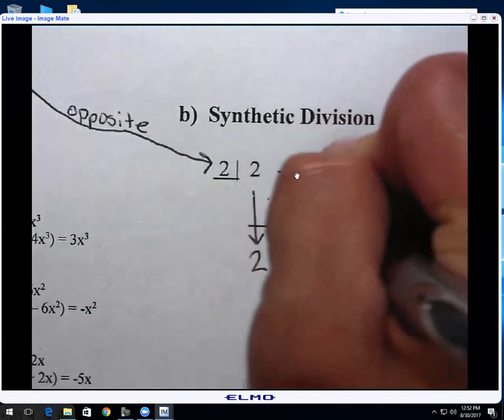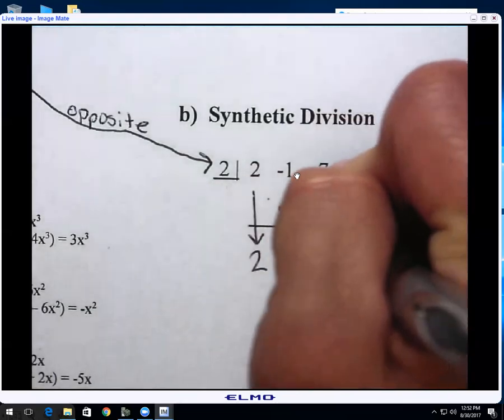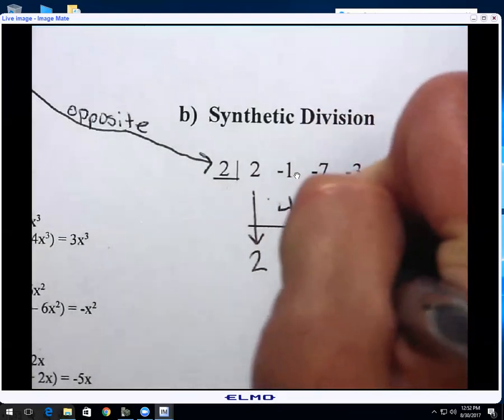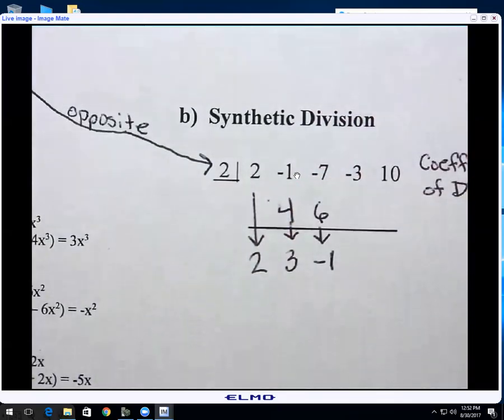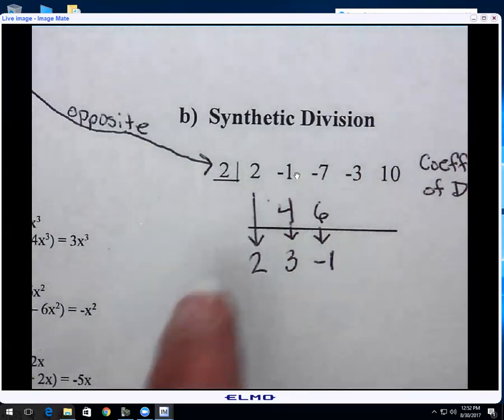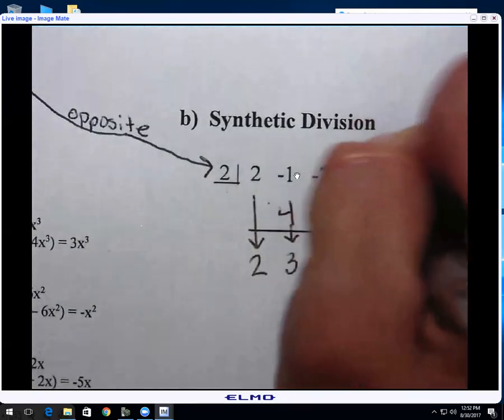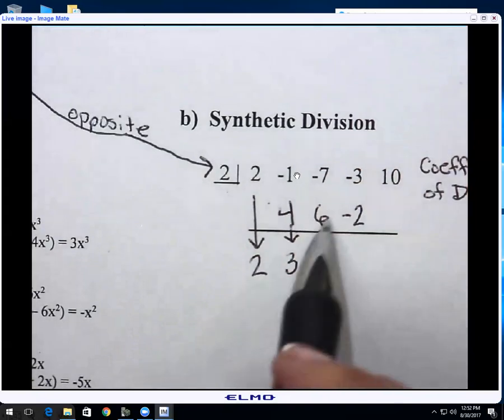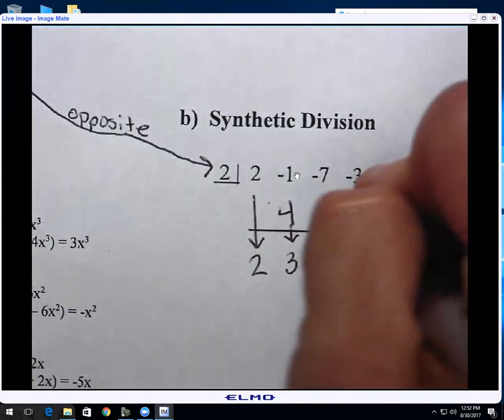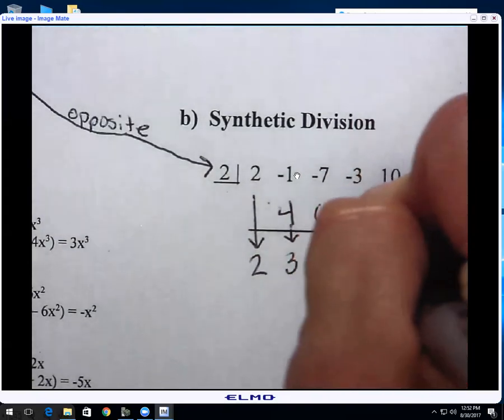Put that under the next coefficient and then add. You get -1. You multiply what's in the box times what's on the bottom row. 2 times -1 is -2. Put that under your next coefficient and then add.